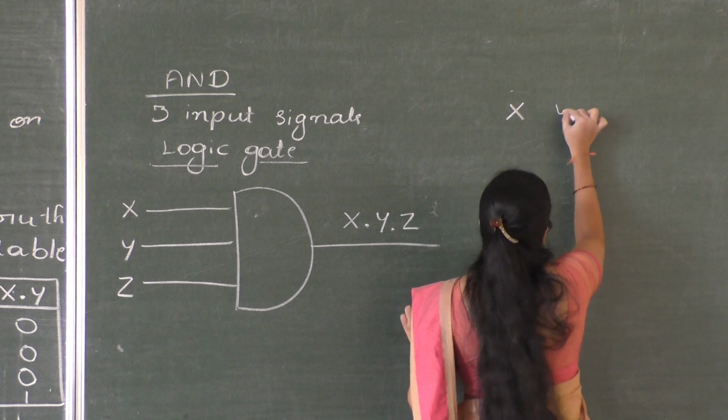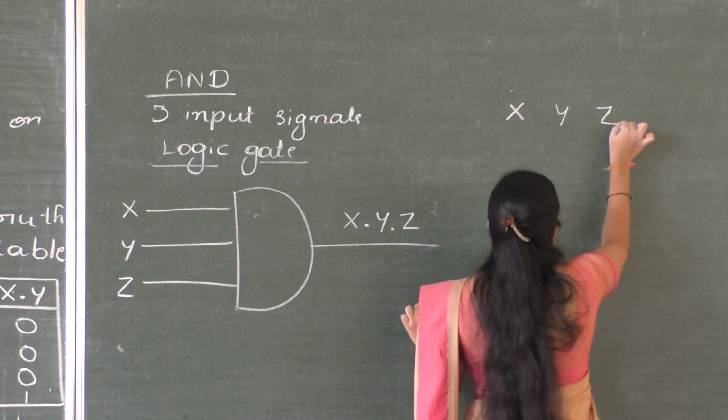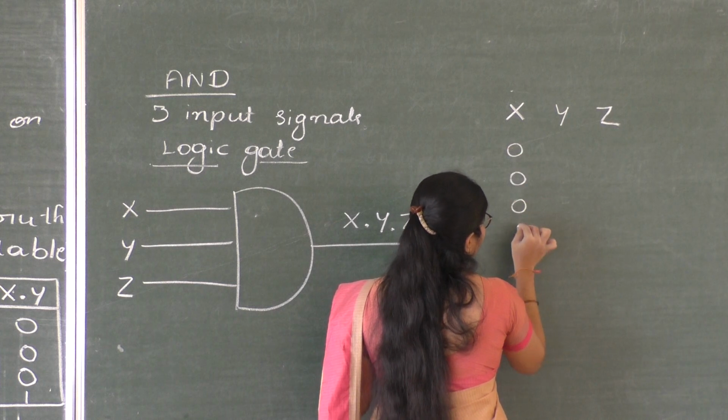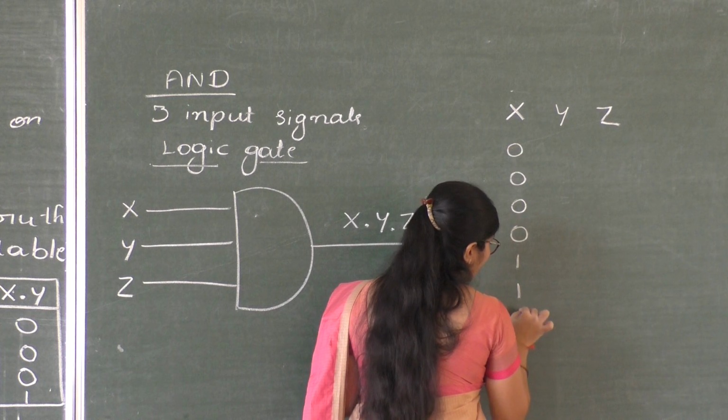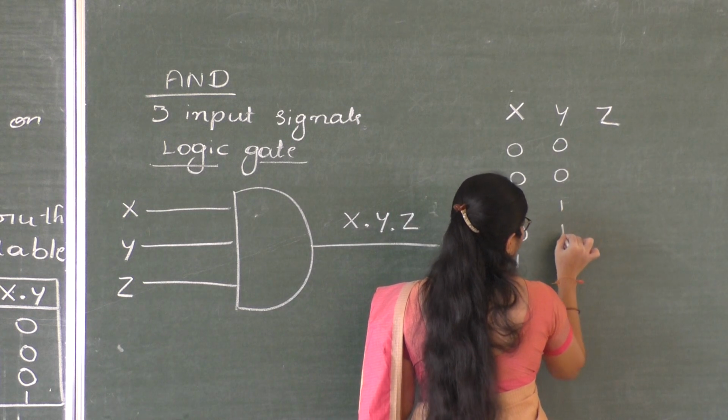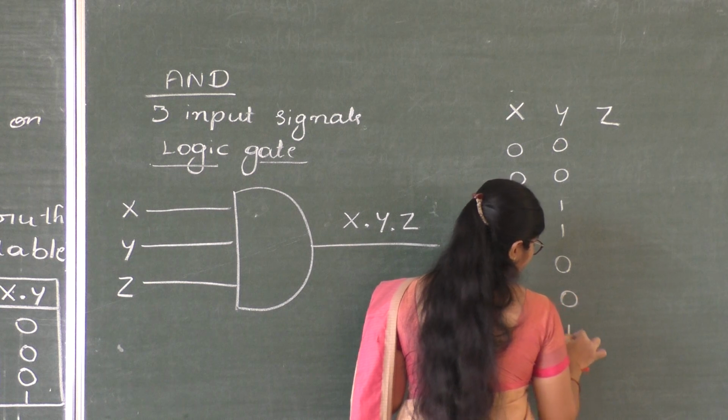X, Y, Z. In the first column, 4 zeros, 4 ones. In the second column, 2 zeros, 2 ones, 2 zeros, 2 ones.